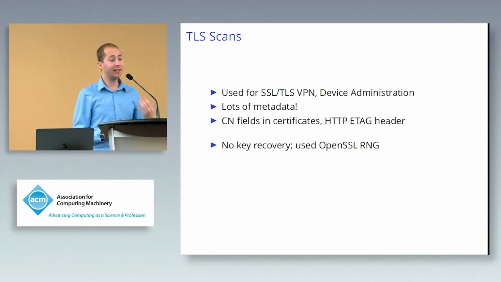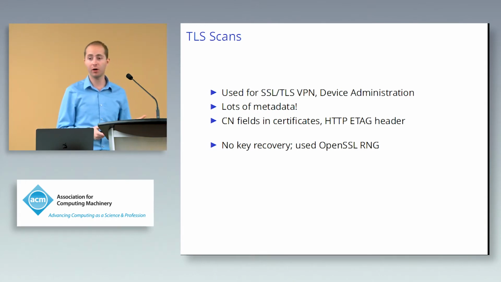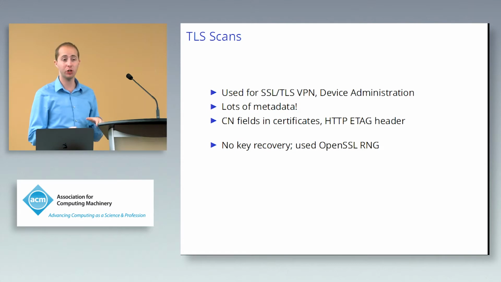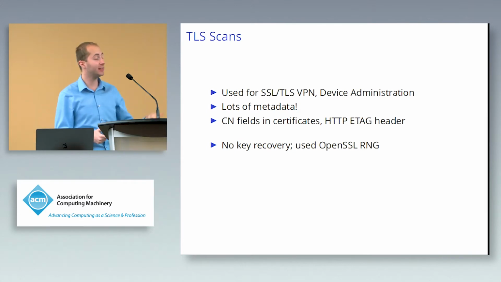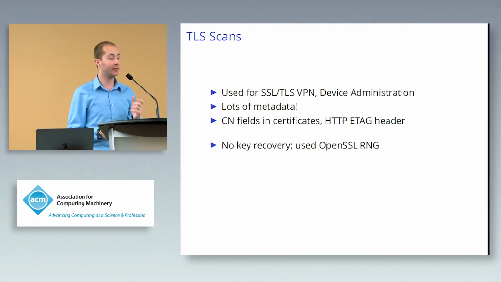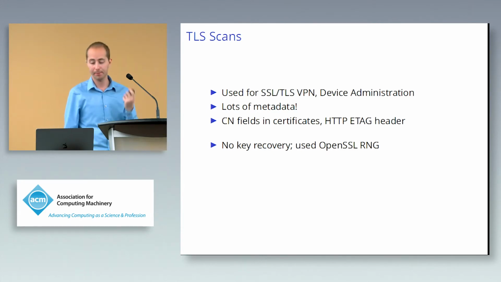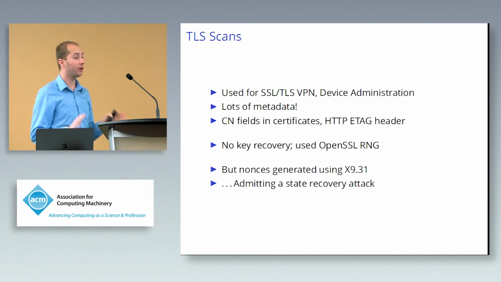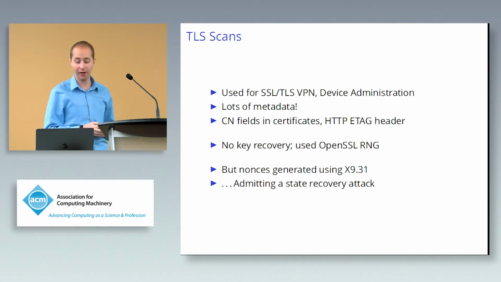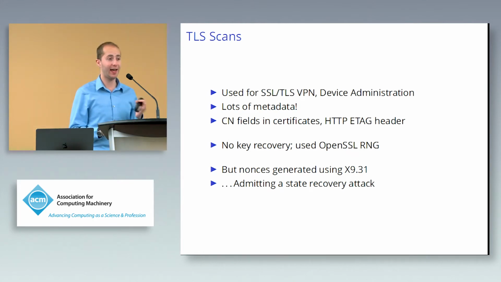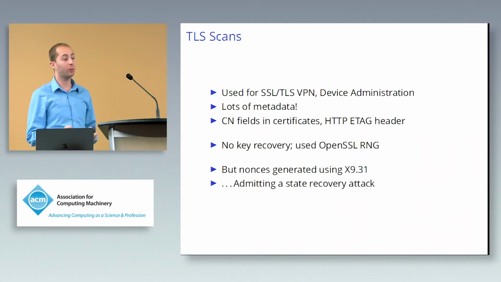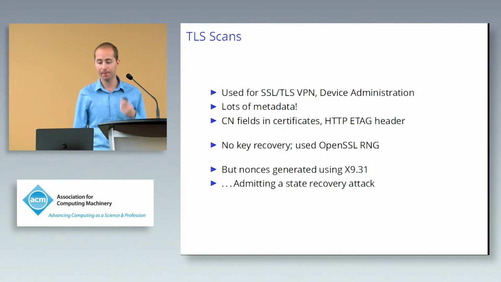However, because the key generation routine used for TLS in their implementation actually gets run a second time through the OpenSSL RNG, we weren't able to use this for key recovery. Fortunately, though, the nonces that are part of a TLS handshake were just generated using the ANSI X9.31, and therefore we were able to demonstrate state recovery attacks against these devices.